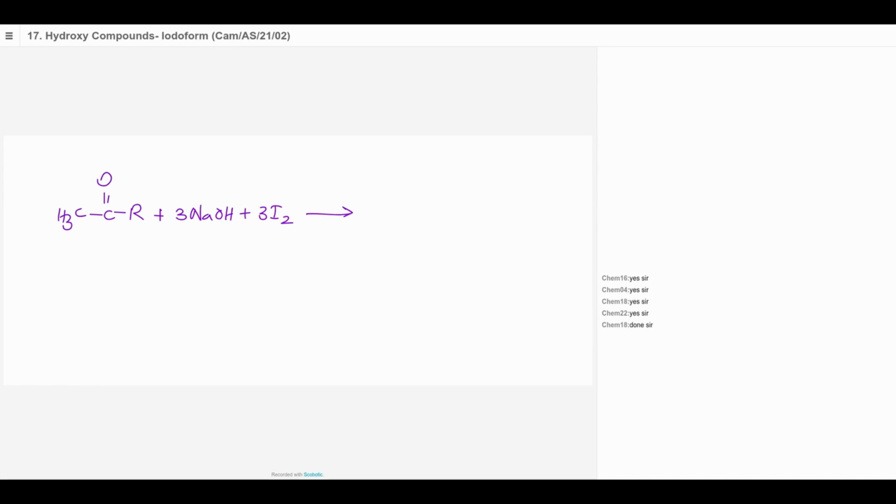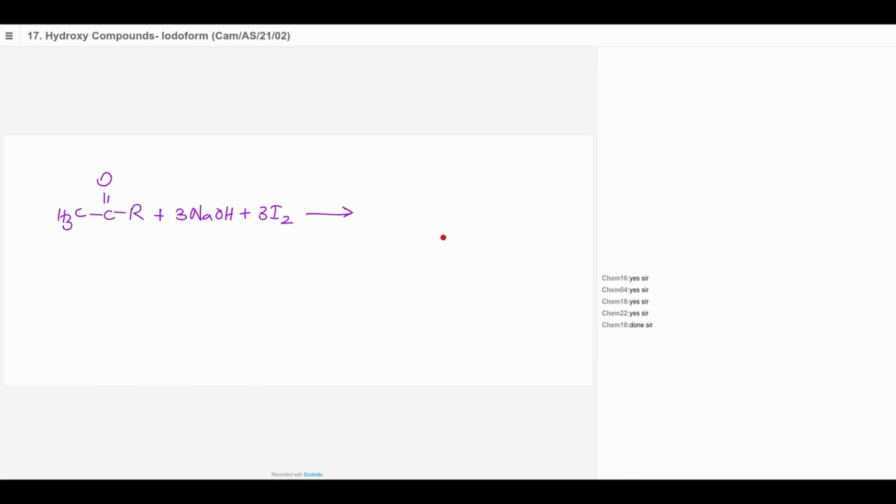We have discussed that before. Why? Because of the electronegative oxygen. Oxygen pulls electrons from the carbonyl group. As a result, this carbonyl group becomes an electron withdrawing group. So that weakens these three carbon-hydrogen bonds.